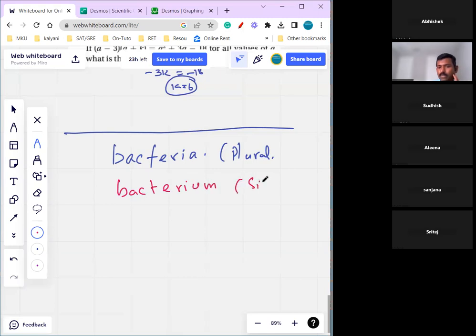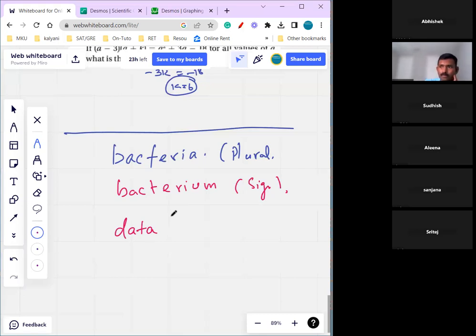Okay, good. And let's see, how about data? You can put them in the chat box if you want, P for plural, S for singular. I want to see how many of you guys still remember. Data, what do you guys think?